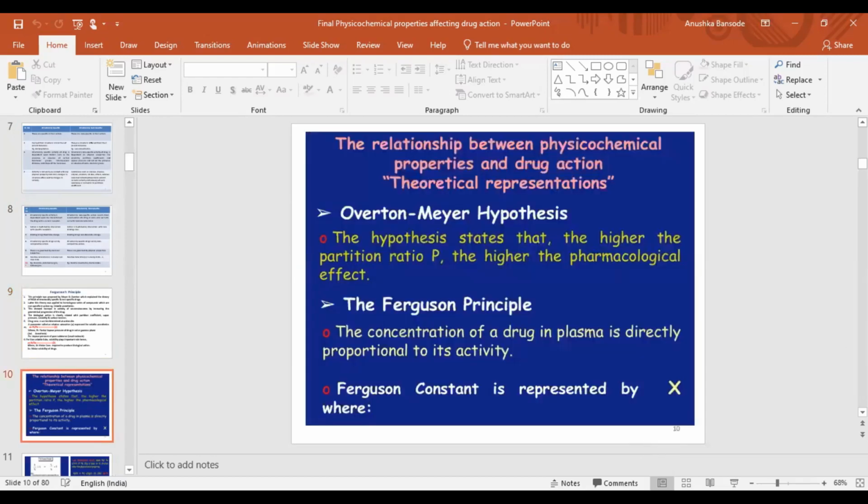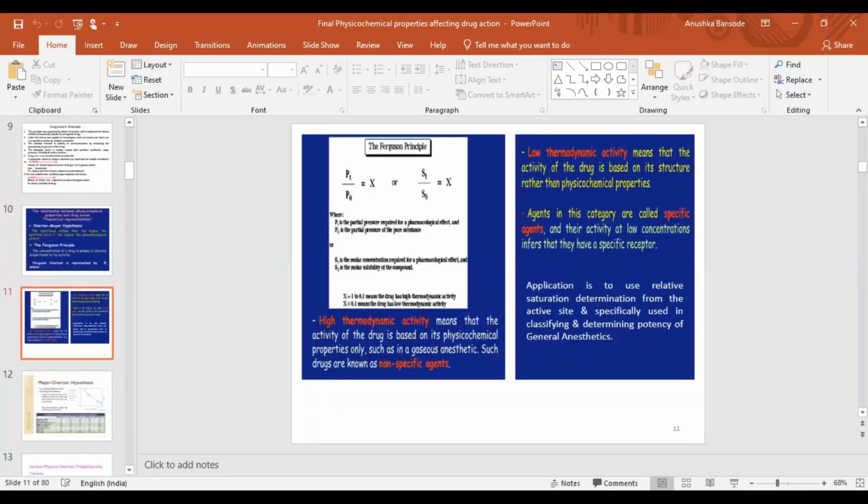The relationship between physicochemical properties and drug action, that is the theoretical representation, was given by Mayer and Overton, and the hypothesis states that the higher the partition ratio P, the higher is the pharmacological effect. Further, Ferguson gave us the principle wherein concentration of drug in plasma is directly proportional to its activity, and the Ferguson constant is represented by X, where, as we have already discussed, the formula is Pt by P0 equals X. Okay.